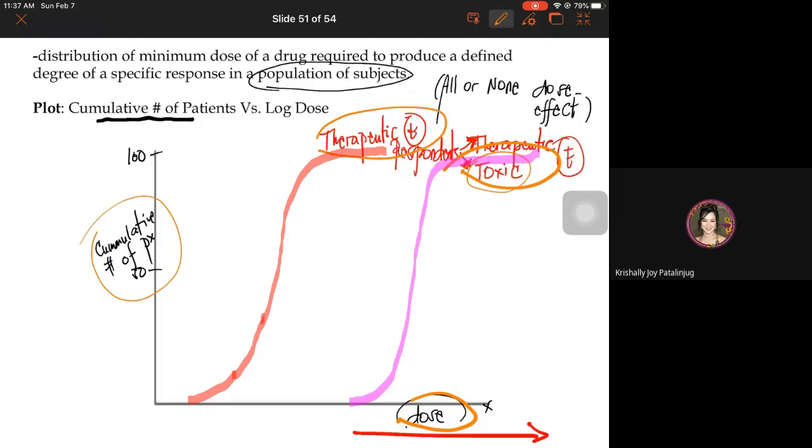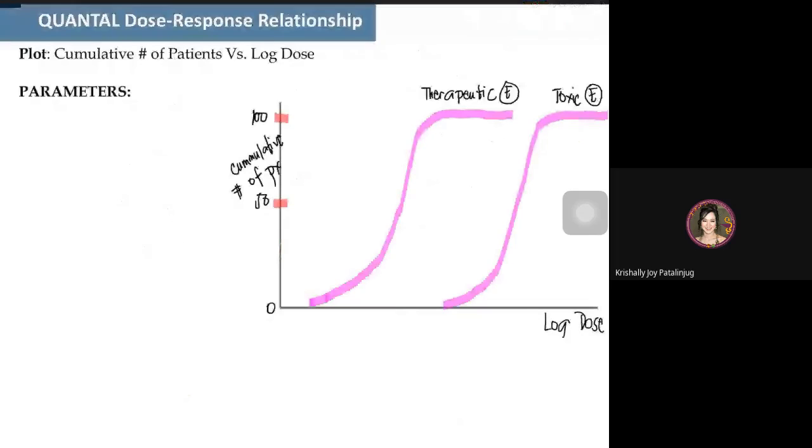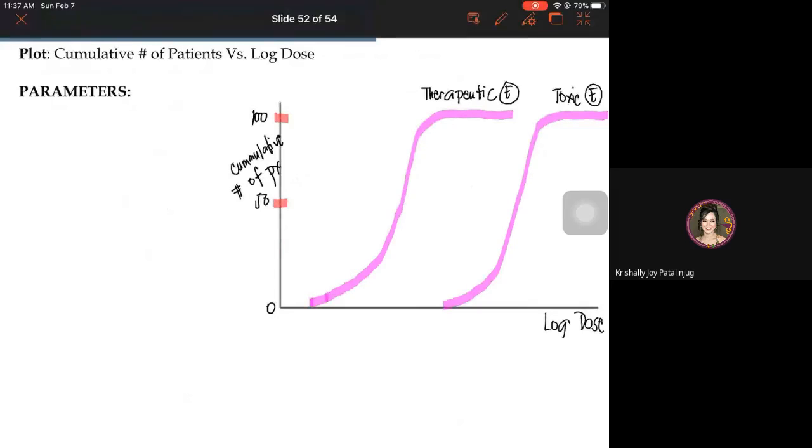Now, let us proceed to the different aspects or parameters involved in the quantal dose relationship curve. First one, we have the ED50. ED50, this is also known as the median effective dose.